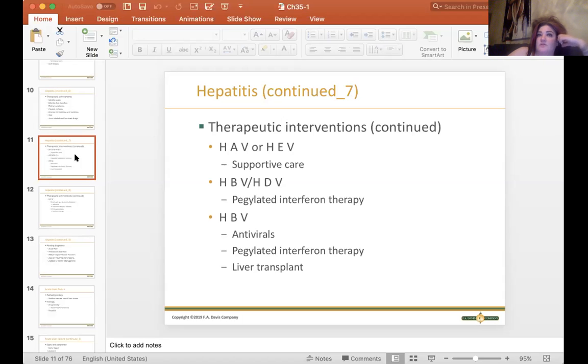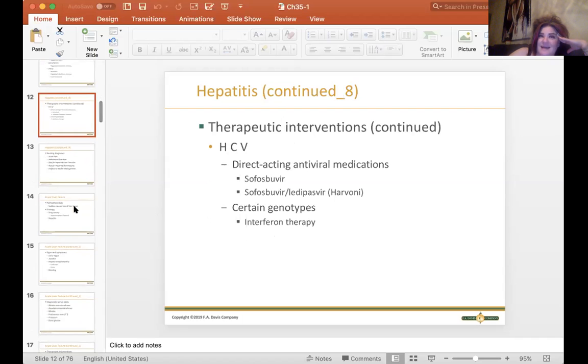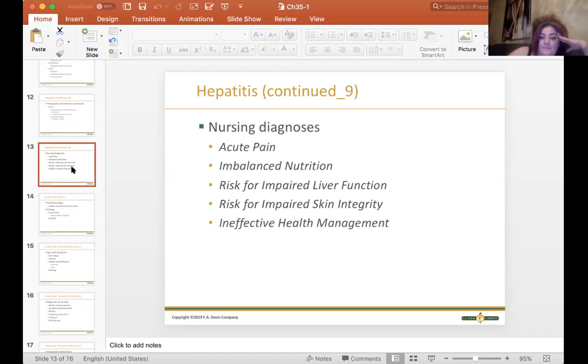It could be cancer. It could be many, many, many different things. There are antiviral medications. So if hepatitis is part of the problem, we can put patients on antiviral medications to help with that.